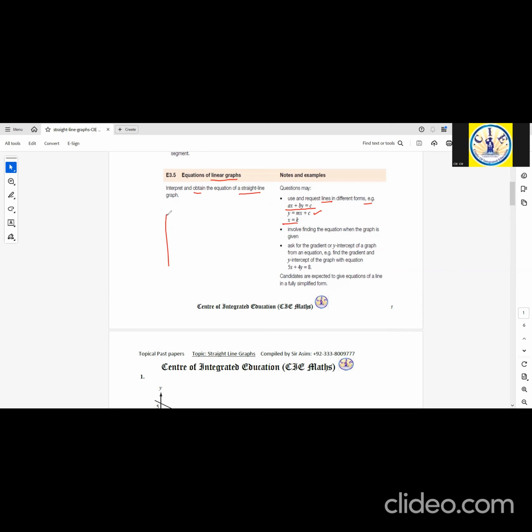This means that if this is x is equal to 2, for example, and we are required to find the equation of this line, the equation of this line would be x is equal to 2. So x is equal to something, any constant, that means a vertical line.